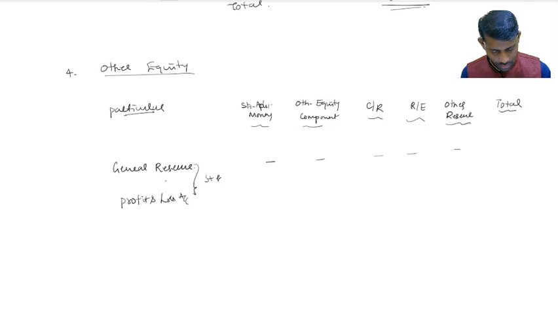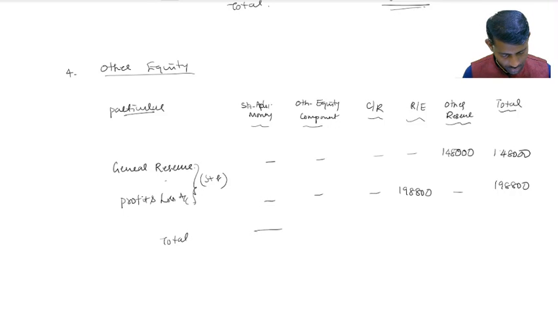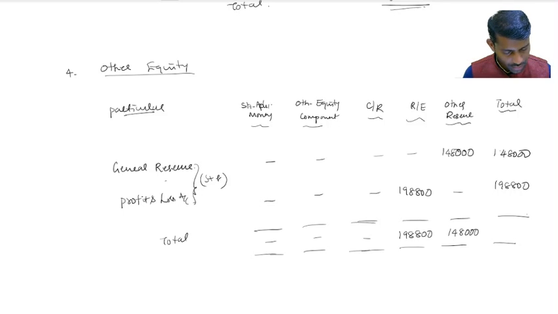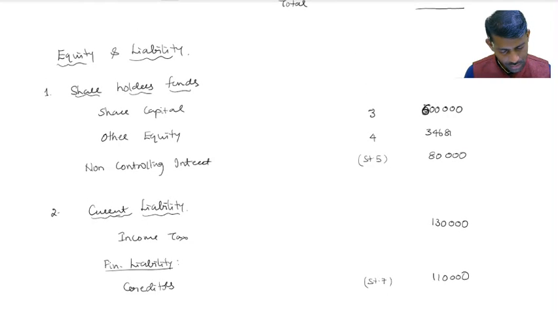General reserve is 1,48,000 and P&L is 1,98,800. So in total 3,46,800.